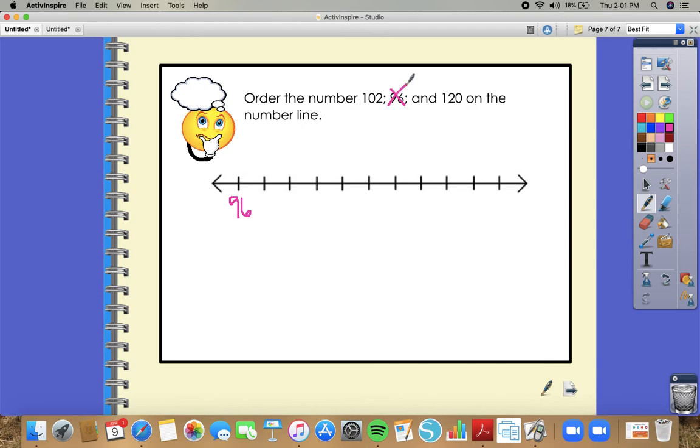We're going to mark out this. We have 102 and 120. 120 would be our biggest number. And that means 102 must go in the middle. 102. Good job.